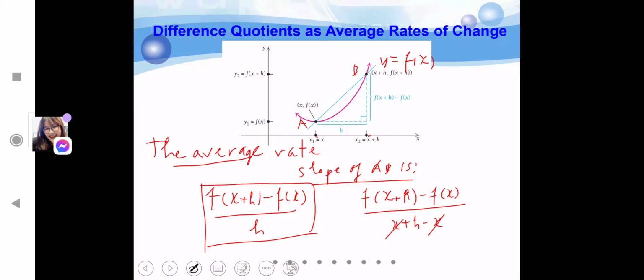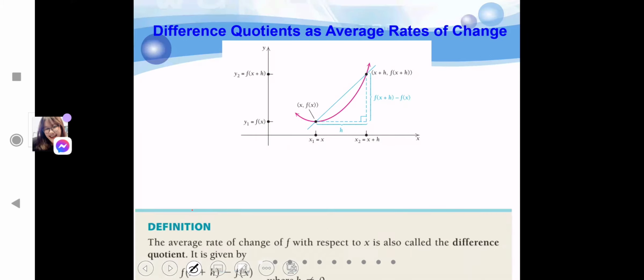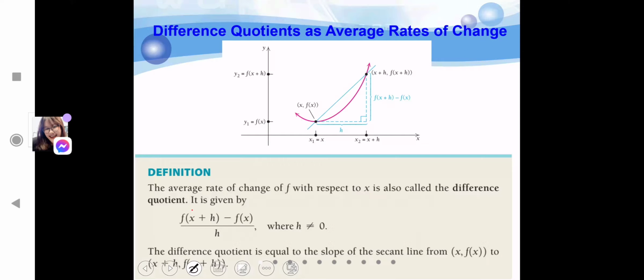And we have this definition: the average rate of change of f with respect to x is also called the difference quotient. It is given by this formula. You write this formula.